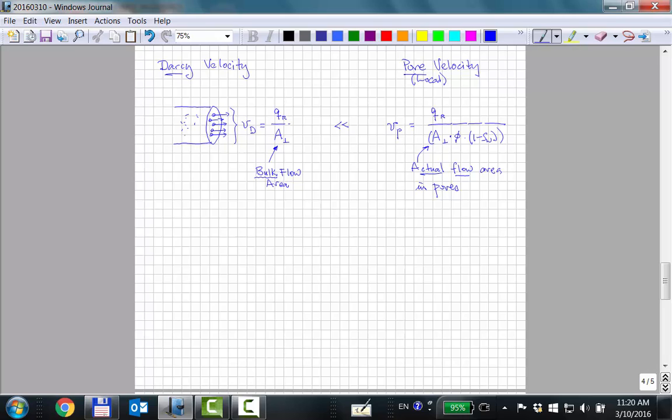But the point is that velocity is going to be higher than the Darcy velocity by some considerable amount usually. So basically this is usually used in connection with EOR only.